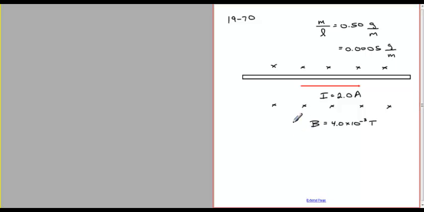Okay, we have a magnetic field. So this is a current-carrying conductor in the presence of a magnetic field. So we go to the book and look at the formula for magnetic force on a current-carrying conductor, and it says the force is equal to the strength of the magnetic field times the current, multiplied by the length, times the sine of theta.